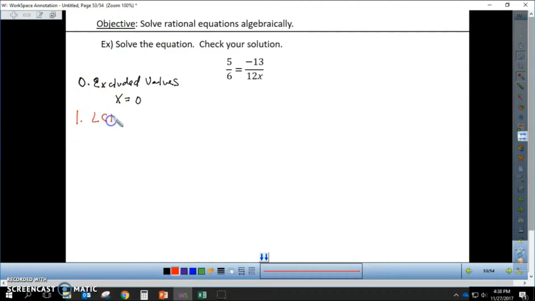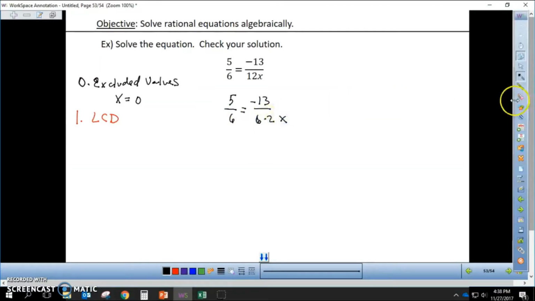Step 1, we're going to identify our LCD. A lot of students struggle with identifying the LCD when it's just numbers like this. What you want to do is look at your lowest value and say, can I represent 12x as 6 times something? And we definitely can. So I'm going to rewrite this as 5 over 6 is equal to negative 13 over 6 times 2x, and I'm going to take one of each.